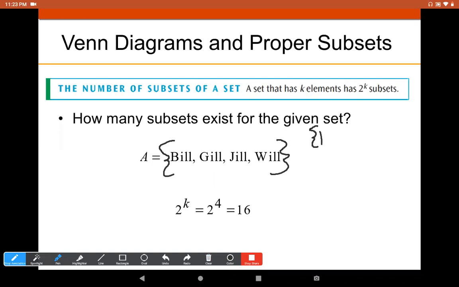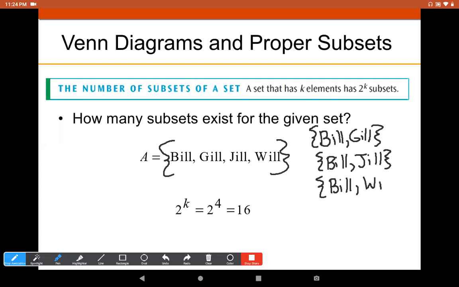Two-element subsets would be Bill and Gil, Bill and Jill, Bill and Will, then we would be done pairing Bill with people.